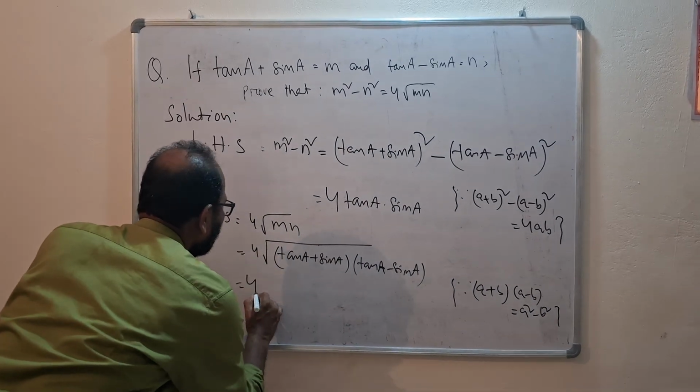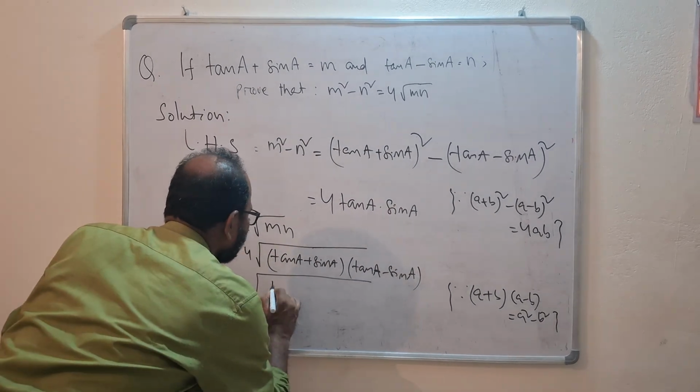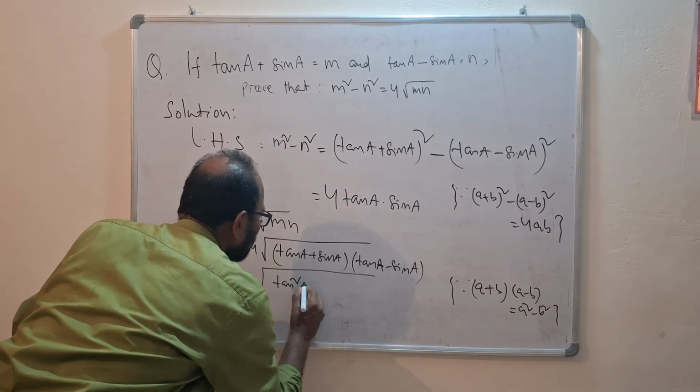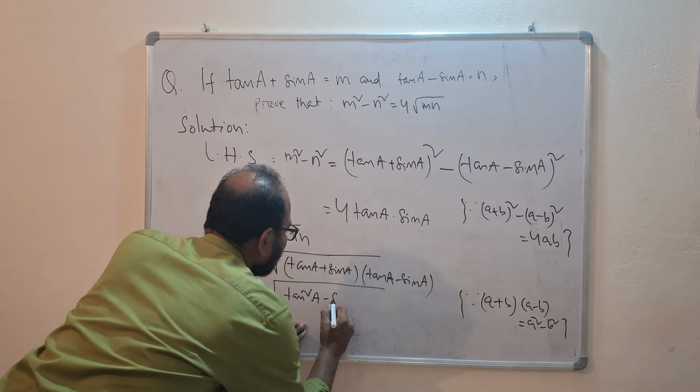So that is 4 into square root of tan square A minus sin square A.